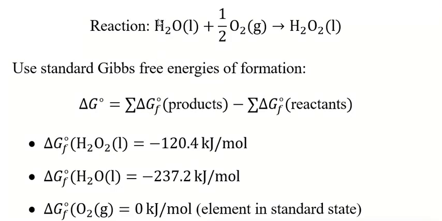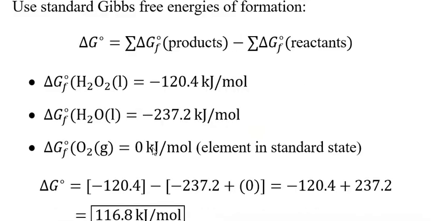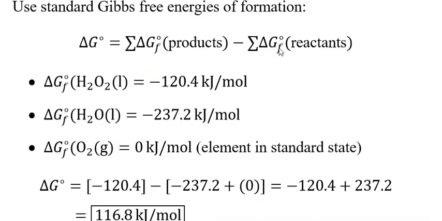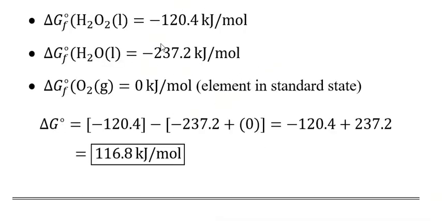Gibbs free energy of water is given in the data, and Gibbs free energy of hydrogen peroxide is also given, but oxygen is not given because that's the elemental form, and the elemental form Gibbs free energy is 0 kilojoule per mole.